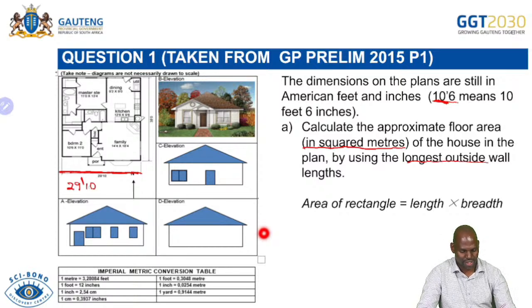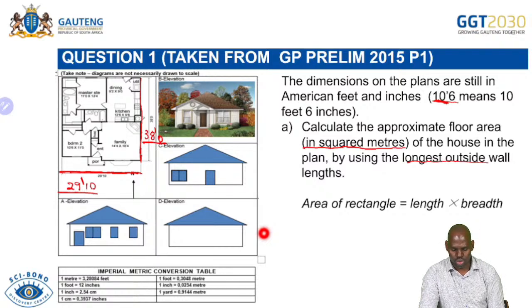And then the other side of the house, that one is not clear as well, so it is about 38 feet and 0 inches. Okay, 38 feet and 0 inches. So you got this side and you got the other side.